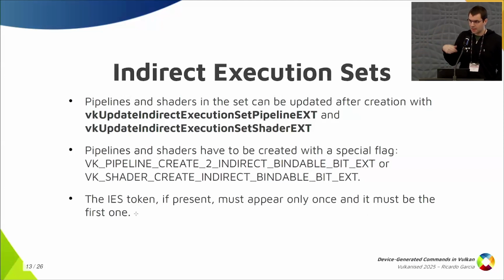You need to take into account that you have to pass a couple of special creation flags to the pipelines and to the shader objects to tell the driver that you may use those inside an execution set, because the driver may need to do some things special for them. And one additional restriction that we have is that if you use an execution set token in your sequences, it must appear only once, and it must be the first one in the sequence.